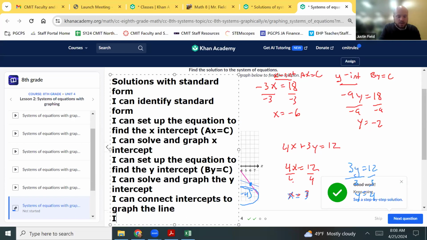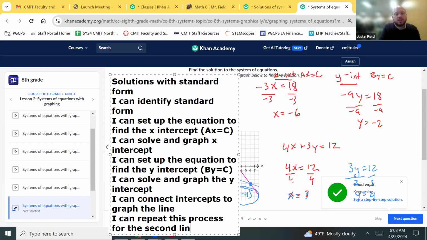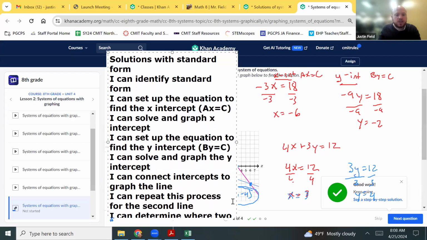Okay. I can repeat this process for the second line. And then the last thing, once you have both lines on the graph, how do you know where the answer is? I can determine where two lines intersect. So all you've got to do is determine where two lines intersect.